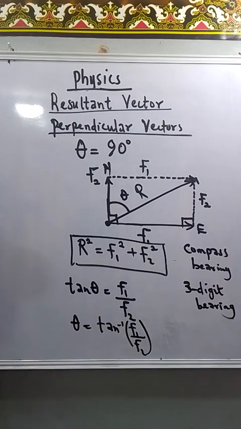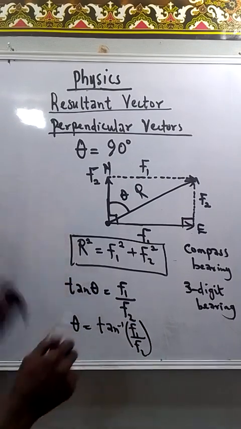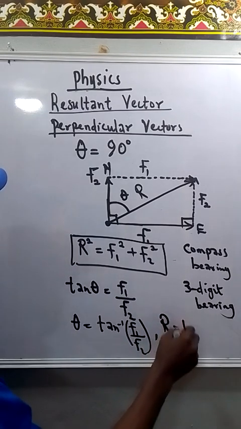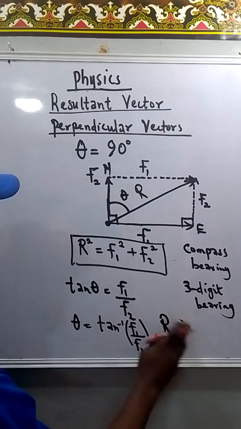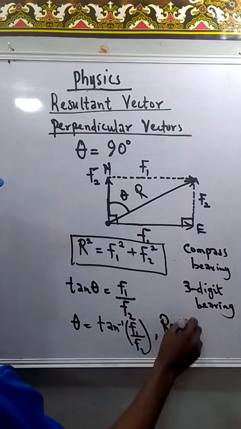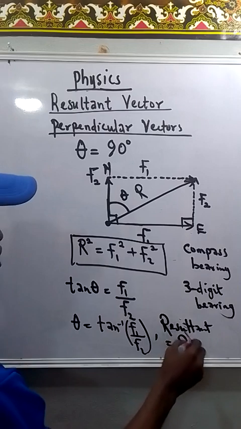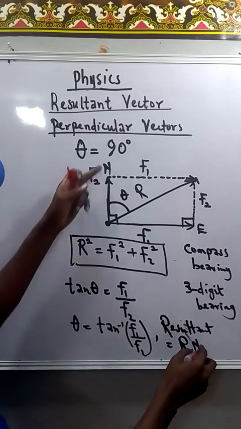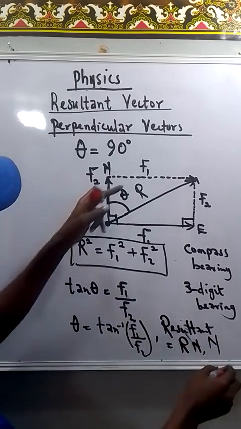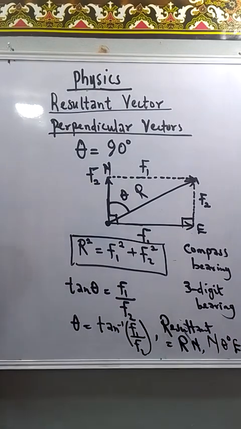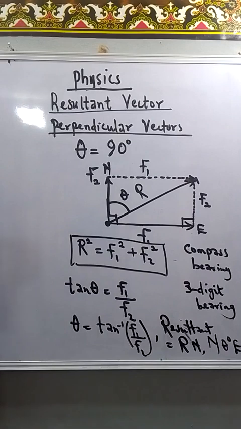So, to completely state this resultant, I will say that my resultant is equal to R Newton in the direction north theta degrees east. When we start applying the formula, we are going to see what is happening here.